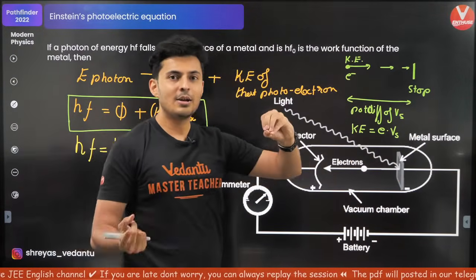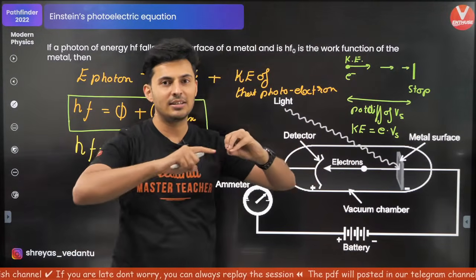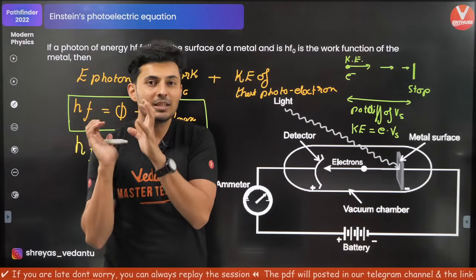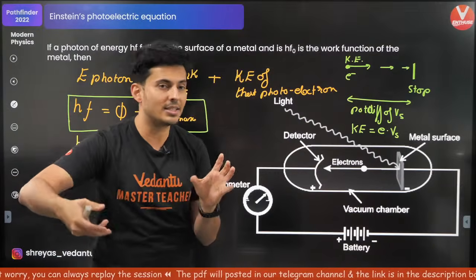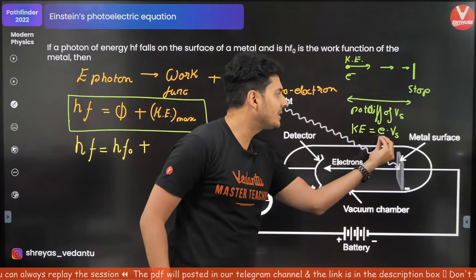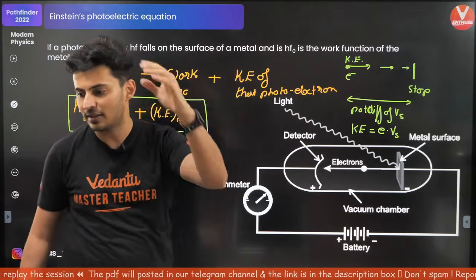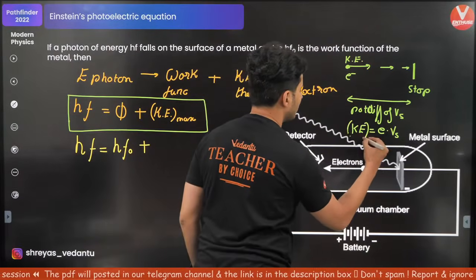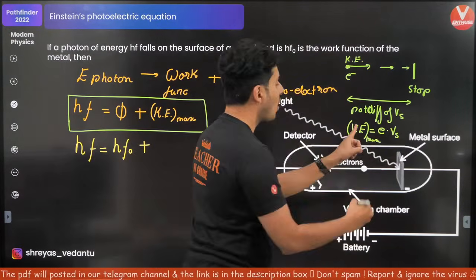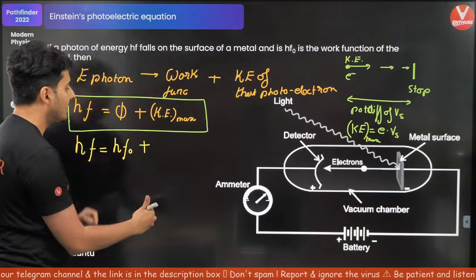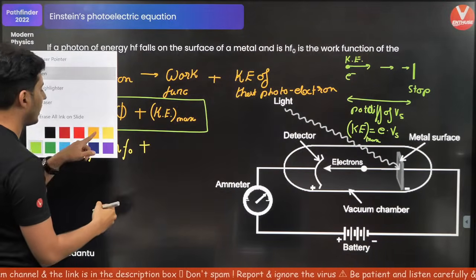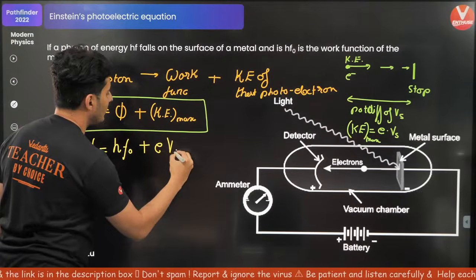That kinetic energy will convert into electrical potential energy. That electrical potential energy is always charge into voltage. Charge into voltage gives you energy. So KE is e into Vs. Does that make sense to you? This kinetic energy of that electron gets sucked away into electrical energy. Hence, I can just write this down as e into Vs.